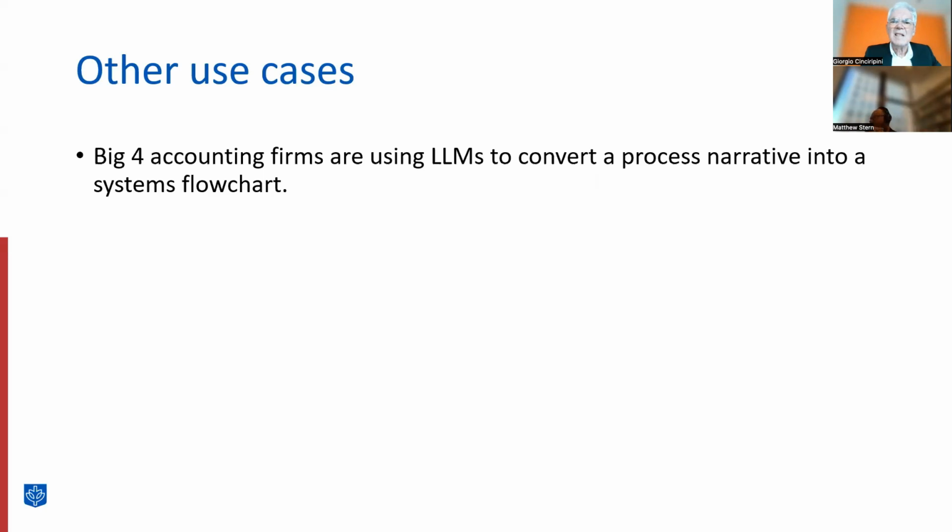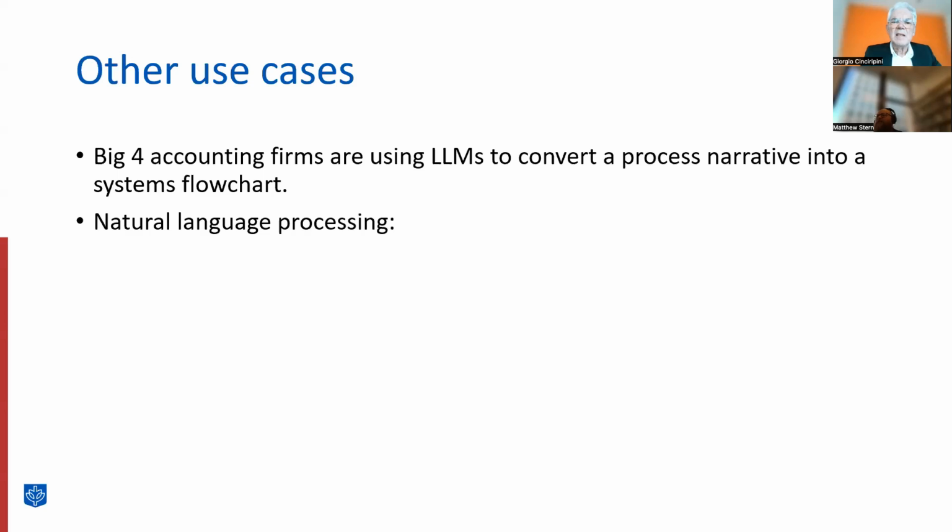That can take quite a bit of time. It turns out LLMs are pretty darn good at that. You can drop in this process narrative into their proprietary LLM, and just ask for the systems flow chart. It pretty much gets you 90% of the way there, 95% of the way there, and then your job is just to review it and make edits as needed. So that's a very powerful use case.